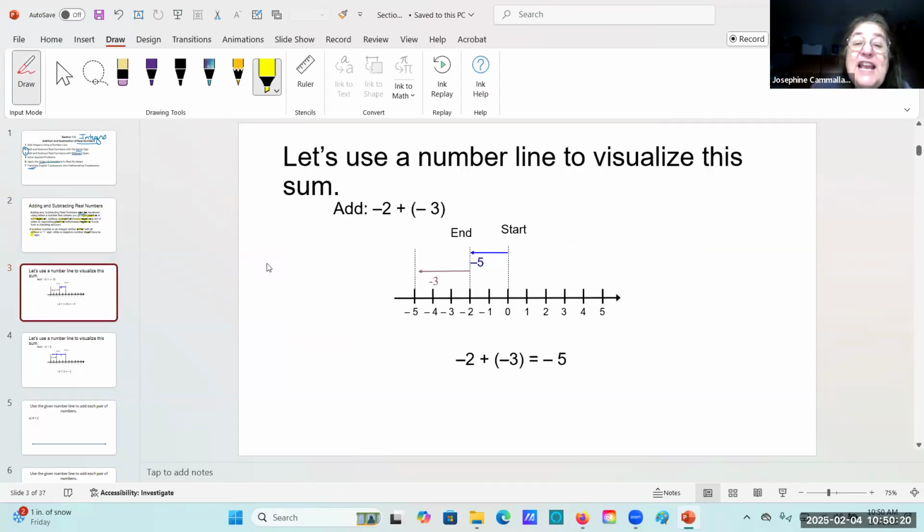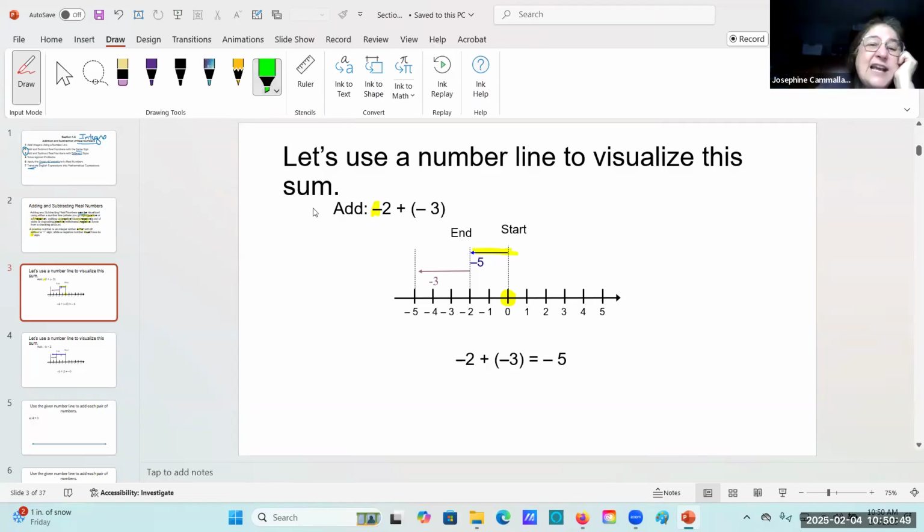Now, this is saying -2 plus -3. Now, I want you to know it's like a combination lock. When you go to your gym locker or any locker you have, you start and turn your combination to 0. Now, this sign says go left. That's what that arrow means.